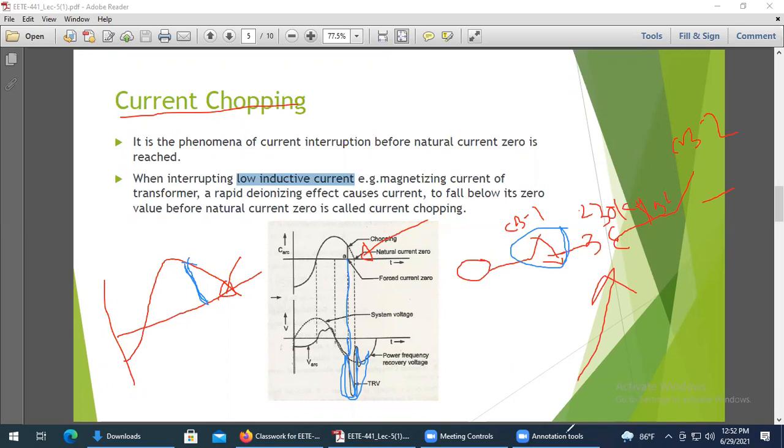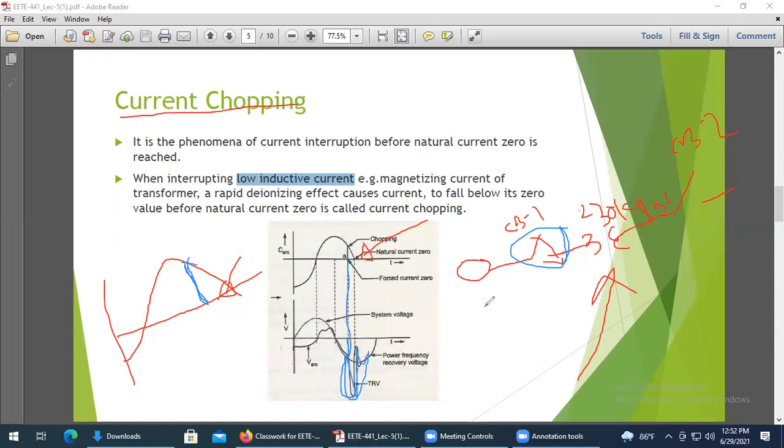If the circuit breaker experiences 2-3 times of restriking, then the whole circuit breaker is at risk. So you need to take some precautions under these considerations. What kind of precautions are we talking about? I'm going to discuss with you. But if you have any question up to this, you can raise a question so that I can answer.